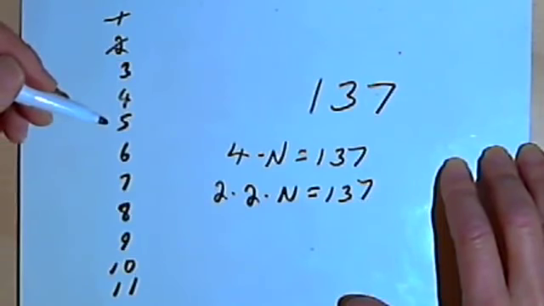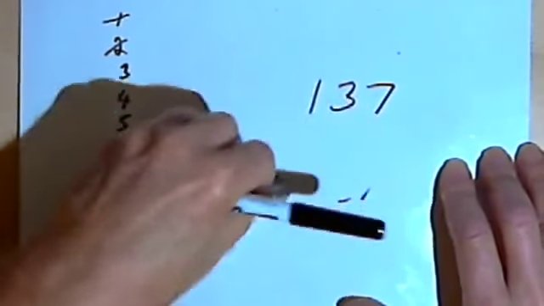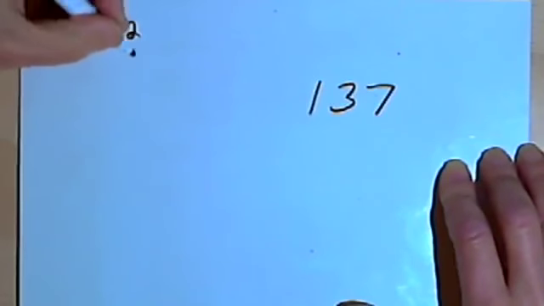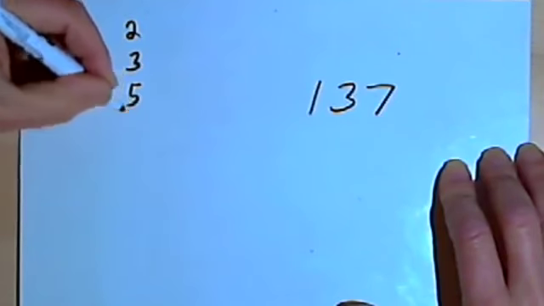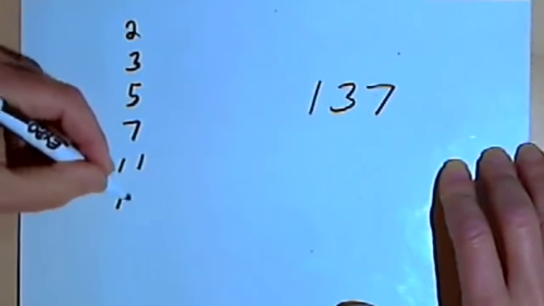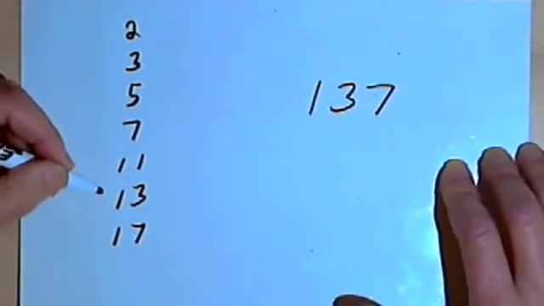In this way, you can rule out all of the composite numbers in your list. So let's write this list again with nothing but prime numbers. So now I'm just going to have to check 2, 3, 5, 7, 11, maybe 13, maybe 17, let's see.